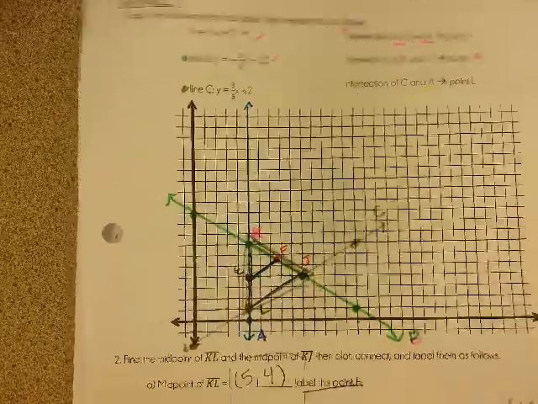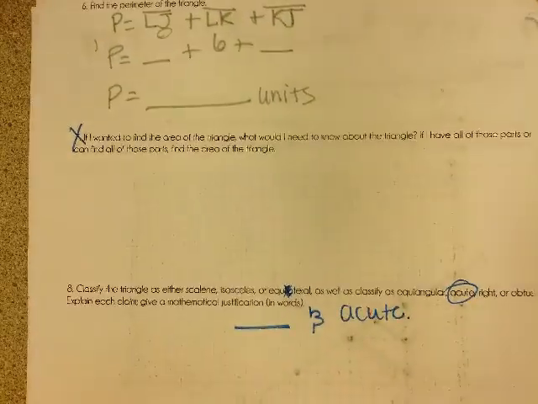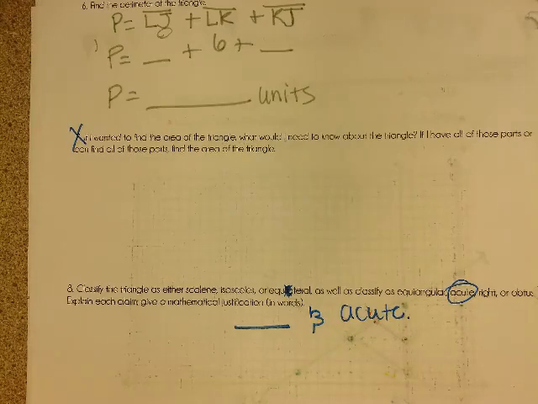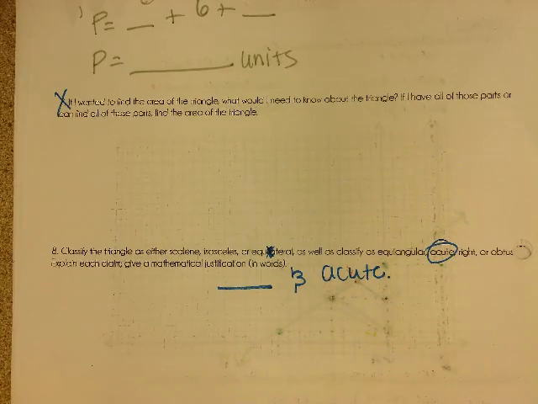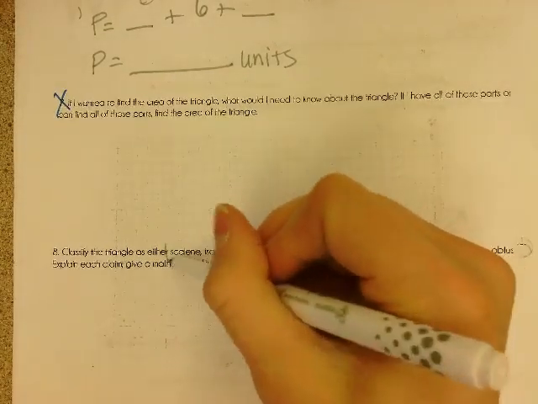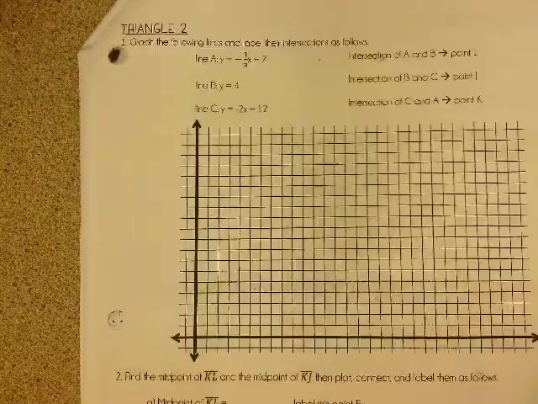Okay, so yeah, it's not equilateral. It's not equilateral, but it'll be close. So it's either one of these two. That's what you'll do for triangle 2.